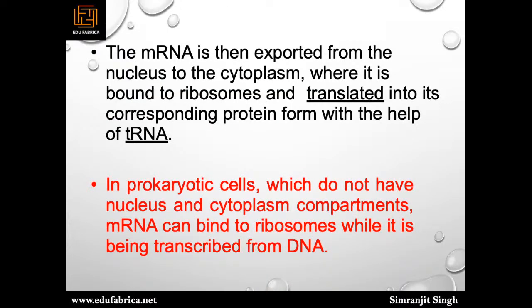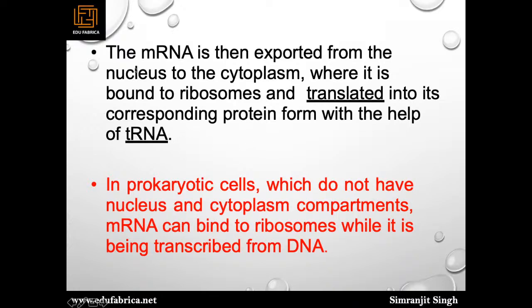The mRNA is then transported from the nucleus to the cytoplasm, where it is bound to the ribosomes. After transcription is done, the mRNA is transferred from the nucleus to the cytoplasm, where it is translated with the help of ribosomes and tRNA in order to produce your proteins.